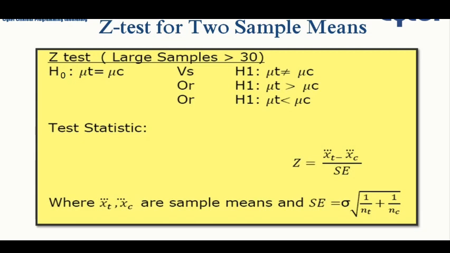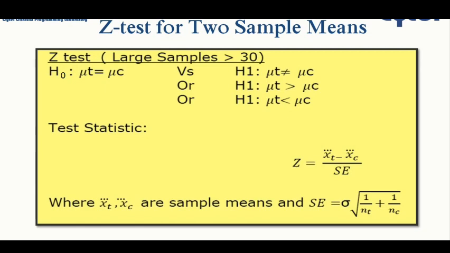You look at the p-value, see what level of significance is used, whether it is 5%, 10%, 1%, and compare the p-value with your level of significance. If the p-value is less than the level of significance, then you are going to reject the null hypothesis and accept the alternative hypothesis.